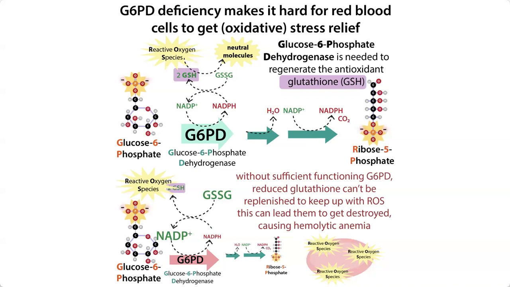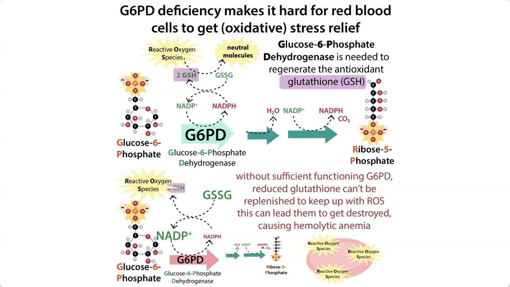So glutathione was taking the hit from the reactive oxygen species so that our proteins and our nucleic acids and things like that didn't have to. As a result, you're going to oxidize the antioxidants so that they're no longer antioxidants. In order to make them antioxidants again, we use NADPH. In order to make NADPH, we use G6PD.